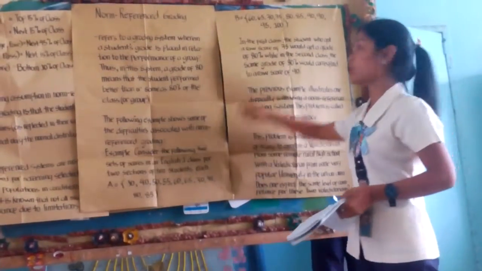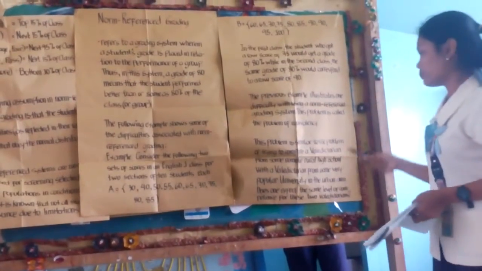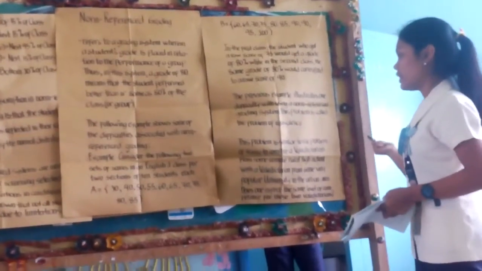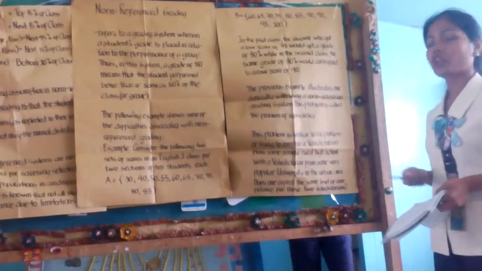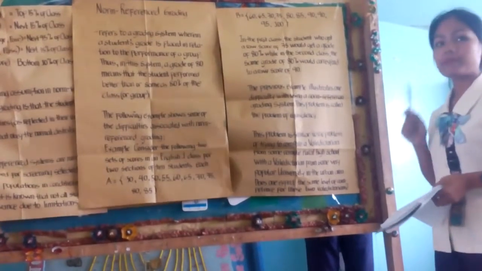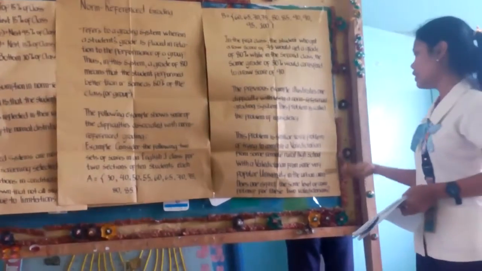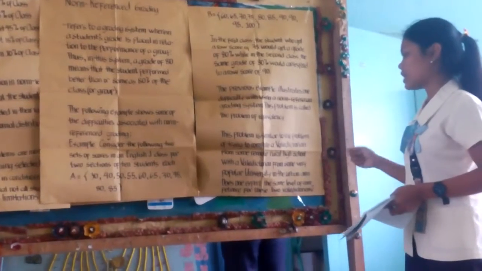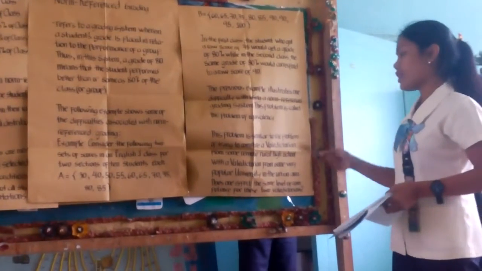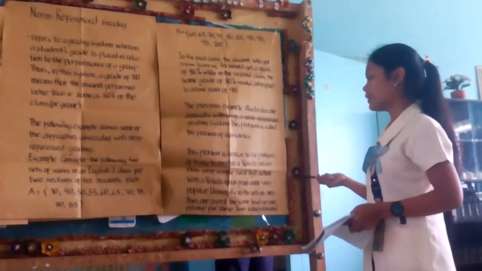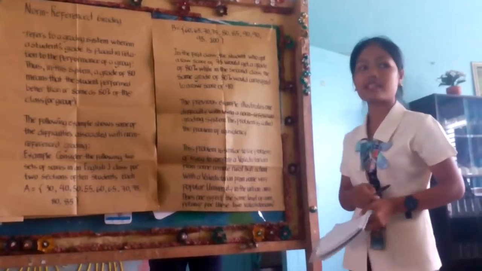So, the problem of equivalency is similar to the problem of trying to compare a valedictorian from some remote rural high school with a valedictorian from some very popular university in the urban area. Thus one expects the same level of competence for the two valedictorians.